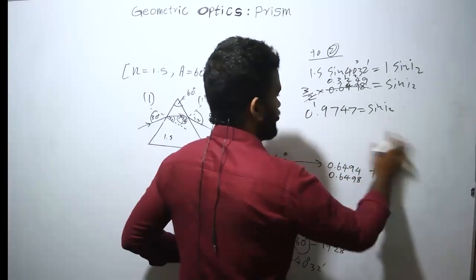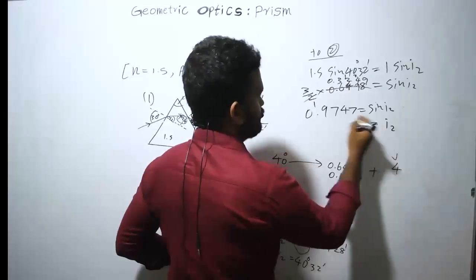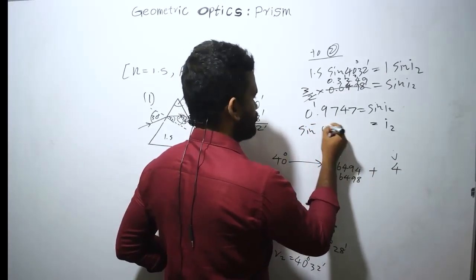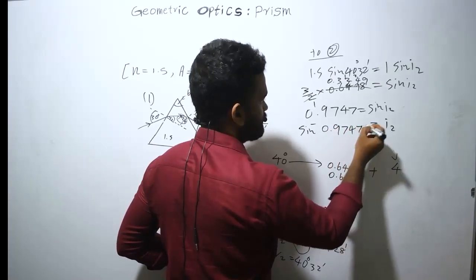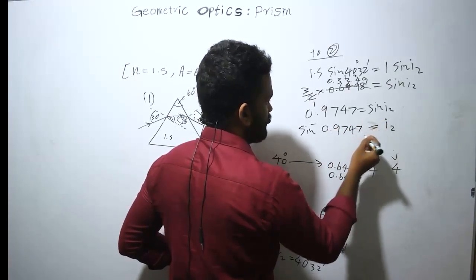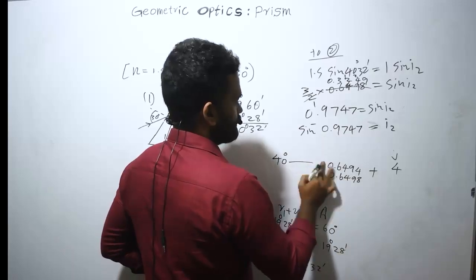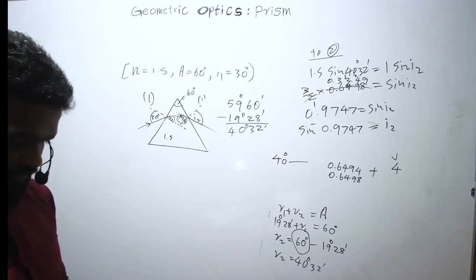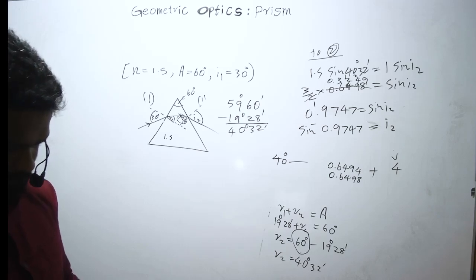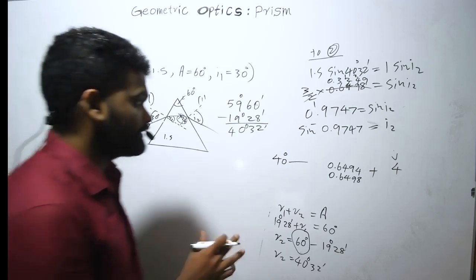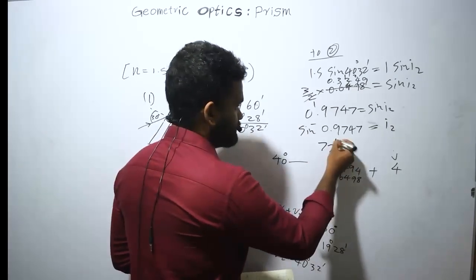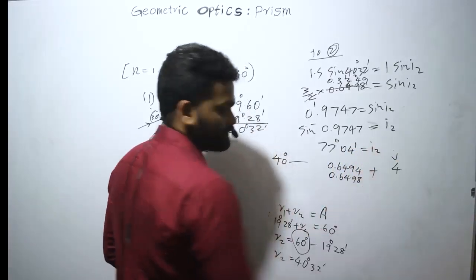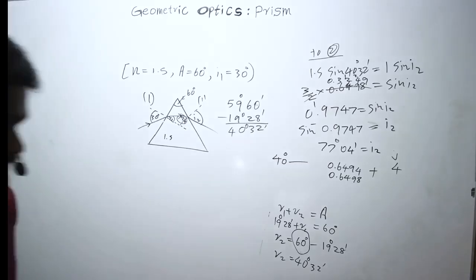Okay, so to find I2, what do you have to do? You need to find the inverse of this. So without being lazy, you have to do this. Otherwise, there's no way around. So for sine 0.9747, if you refer to the table, the value is 77 degrees 4 minutes.